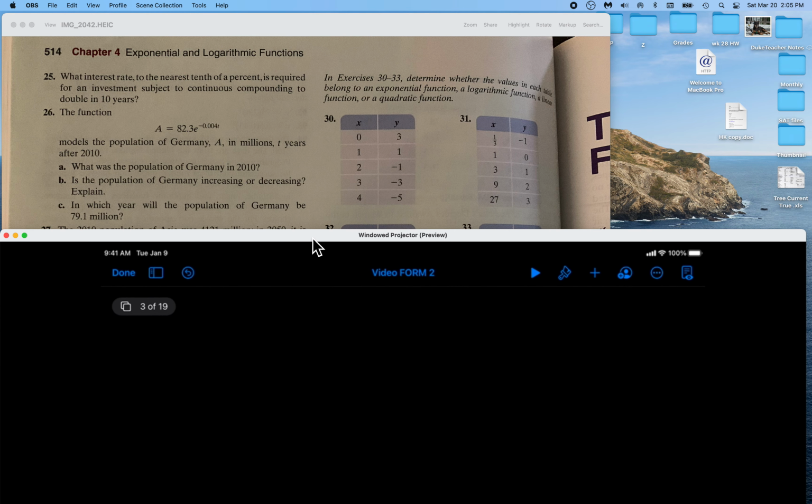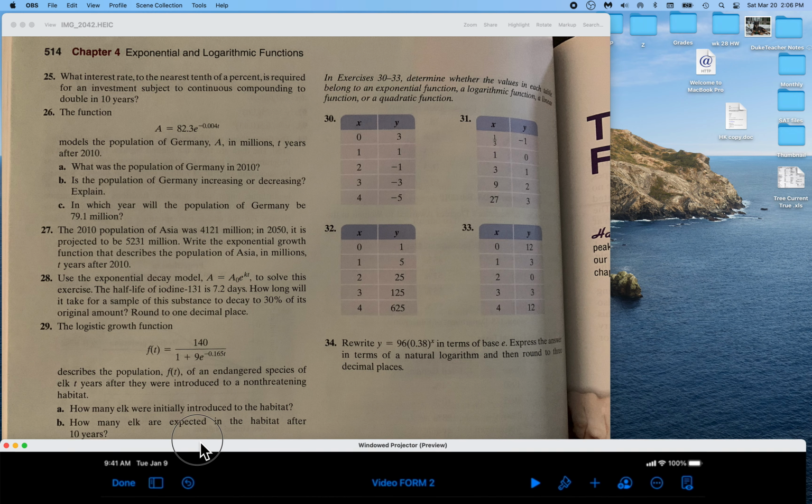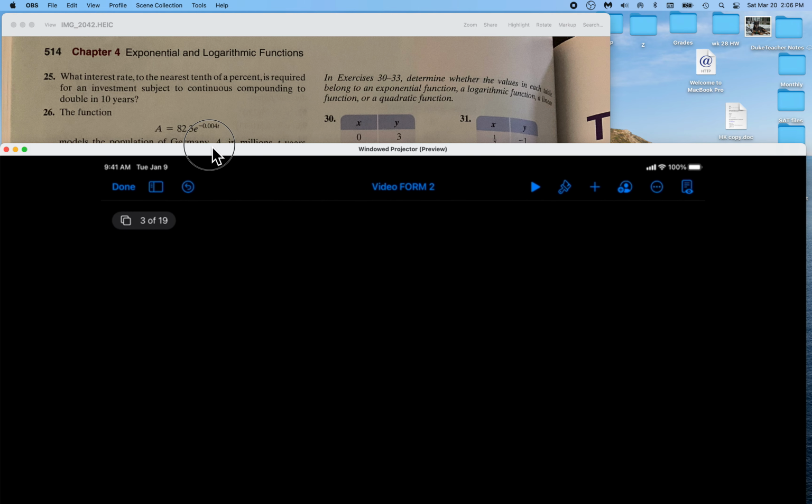Okay, 26. So in 26 and in subsequent problems, we're looking at growth problems. Okay, so you have an amount. This is your principal amount, e raised to a rate. All right.